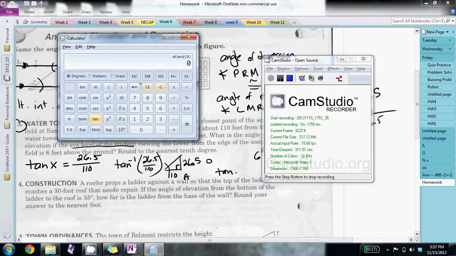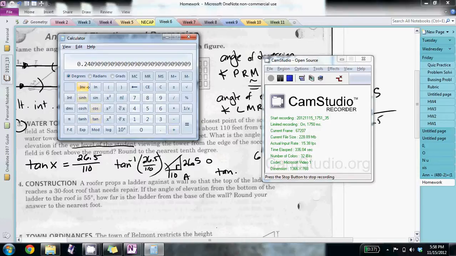So let me just clear this, and I want to find the inverse tan of 26.5 divided by 110. So 26.5, oops, missed the decimal point there, 26.5, divide that by 110, and then I'll find out what that decimal is.